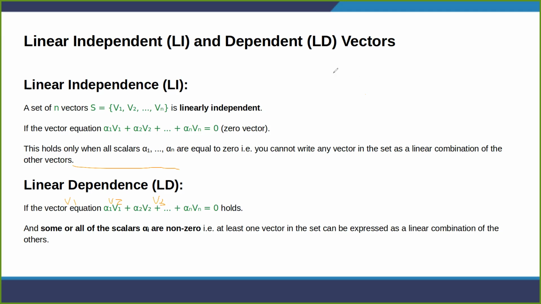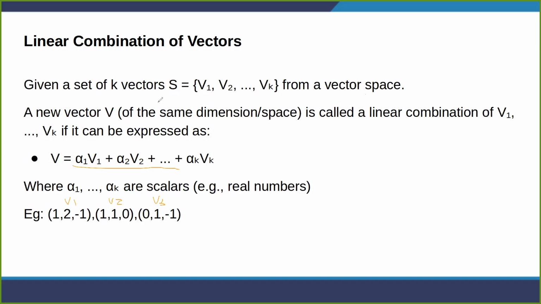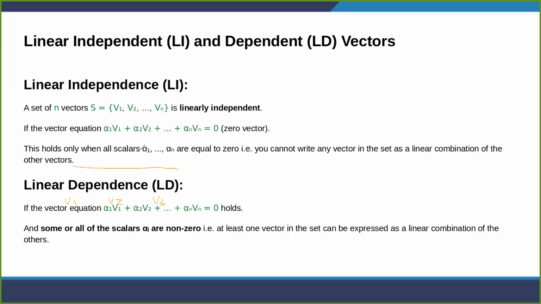For that, we find the linear independence and linear dependence of vectors, and we find these by the linear combination of vectors. Let's say a set of n vectors v1 to vn is linearly independent if the equation alpha 1 v1 plus and so on up to alpha n vn, the linear combination of vectors, equals the 0 vector only when all the scalars alpha 1 to alpha n are 0.